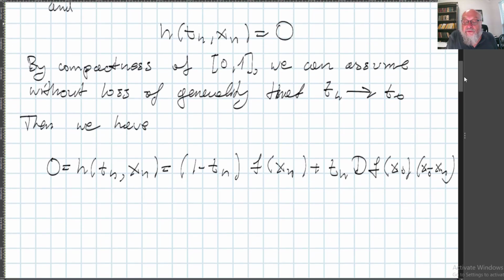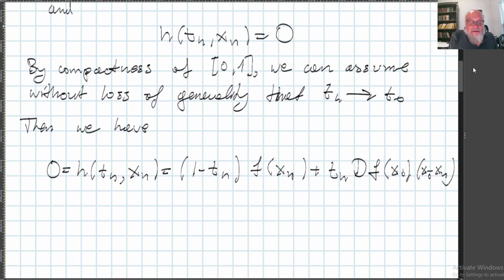So that means simply I can continue, I can write (1 minus tn) and use the differentiability. So what do I write? I write here down that this is equal to f of xn.